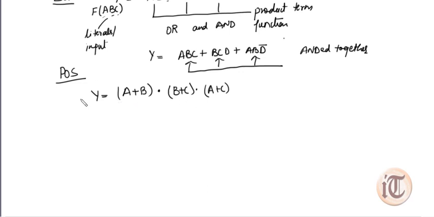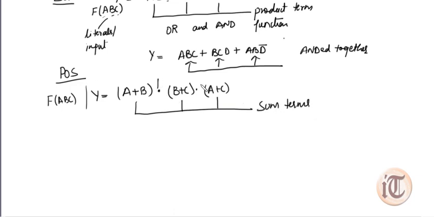There are three literals, so we can write this y as f function of A, B and C, or directly as y. So A plus B, B plus C and A plus C are all sum terms, and we are taking the product with this dot. So this is how we express the product of sum form.